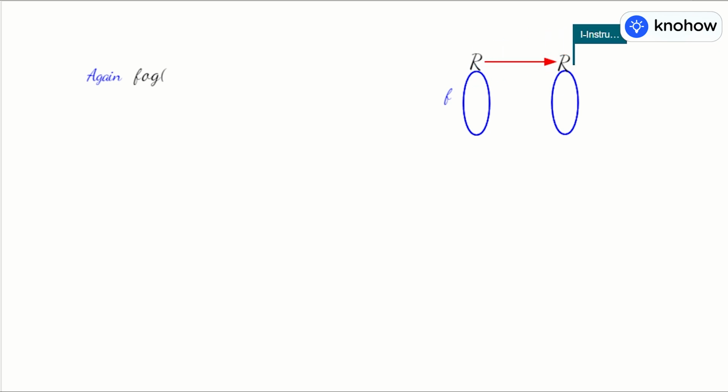Now again you consider f o g. Just see diagrammatically, here you are given two sets of real numbers. f is a function from R to R. So for f, this R on the left is the domain and R on the right is the range.